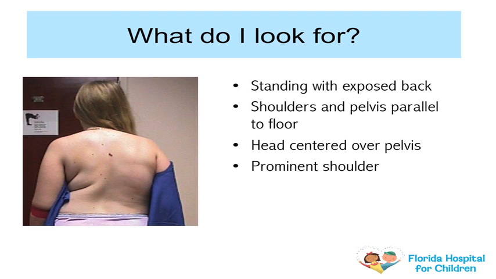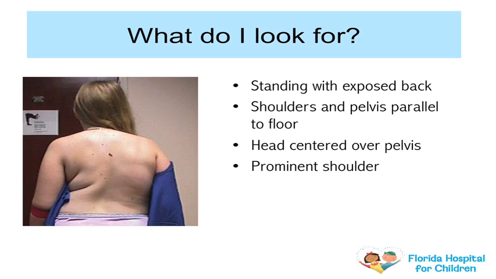So what are you supposed to be looking for when you look at your child? Well, this is an example of a child who was seen in my office with scoliosis. And I'd be looking for things like the shoulders being level or tilted. In this example, you can see this child's shoulders are ever so slightly tilted, in that the left shoulder is a little lower than the right shoulder.